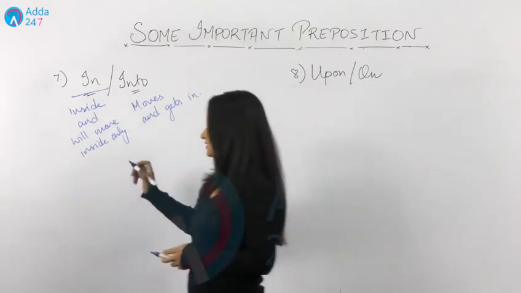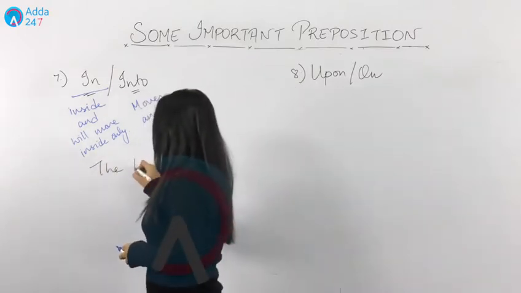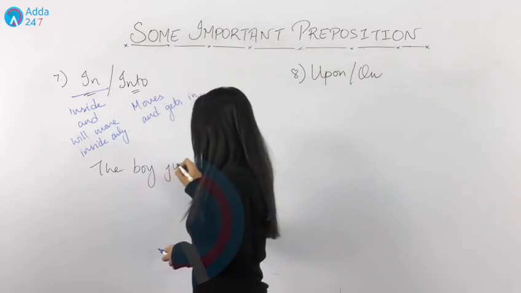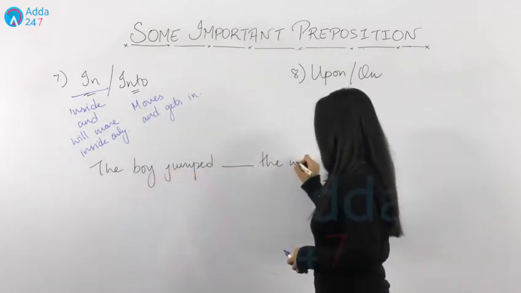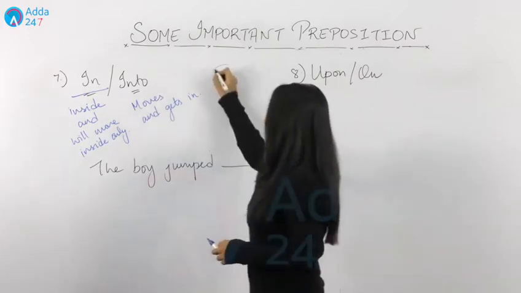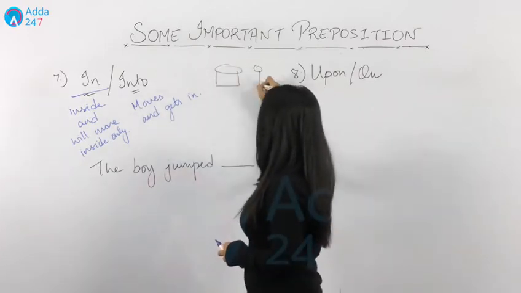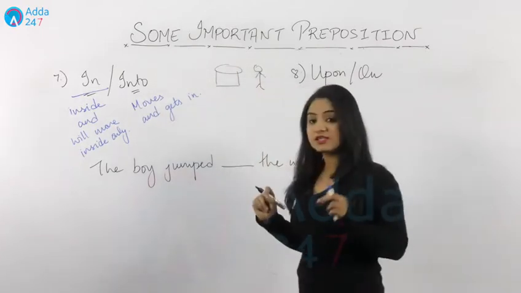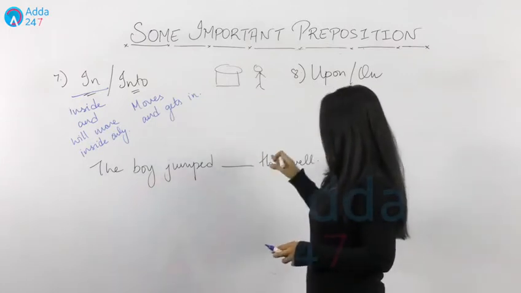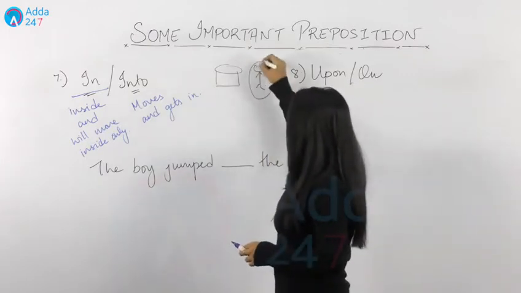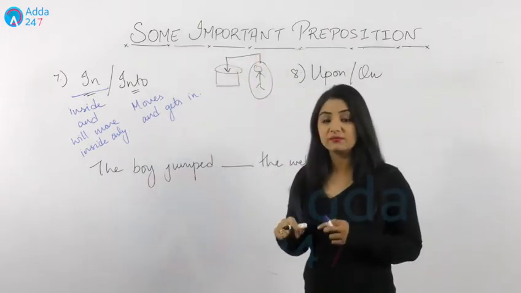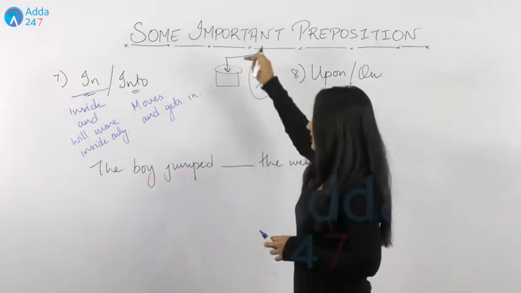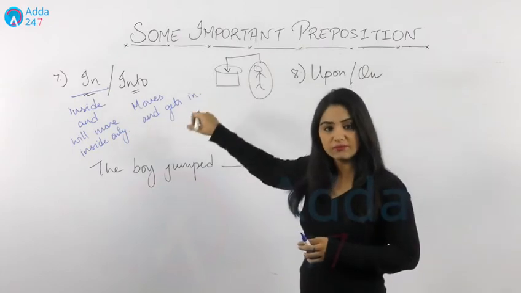For example, if I say, the boy jumped dash the well. Now here you can see we have a well and here is a boy. Now if we say that boy jumped into the well, he moved from this place and entered the well. That means he moved and gets into something.